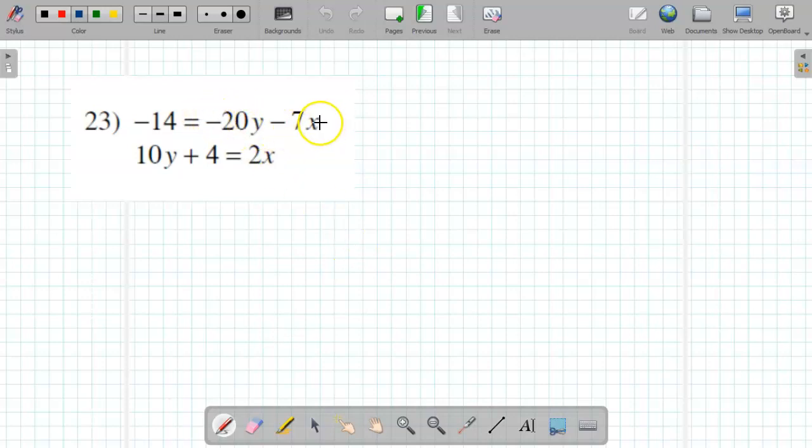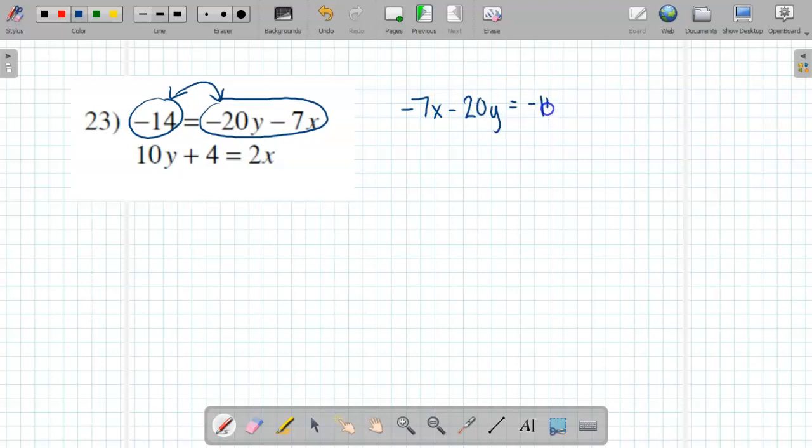So what we would have to do here, if we're going to use elimination, is put these in standard form. For the one on the top, I could just switch the sides of the equal sign, and I'm going to put the x first. So I'd have negative 7x minus 20y equals negative 14. And for this one, I've got to get this y over here with the x, so I could subtract 10y.